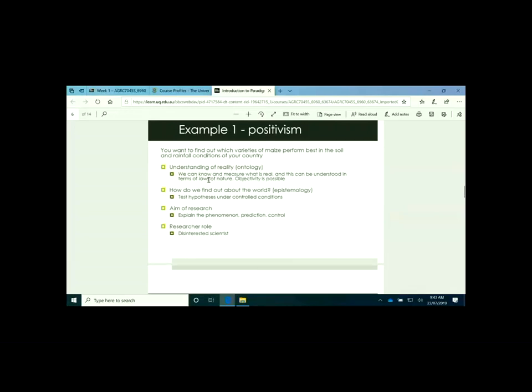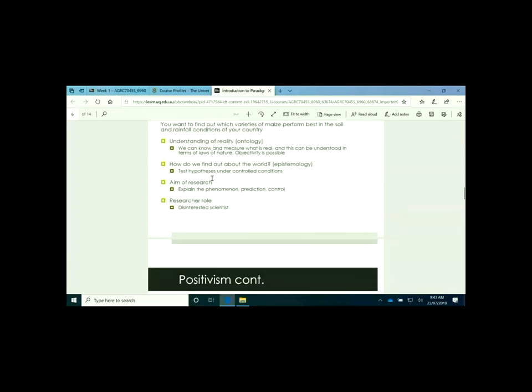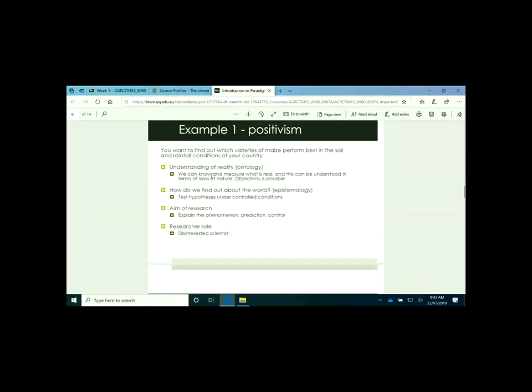So most of the work that we do in agricultural science will either fall into a paradigm of positivism or a paradigm of constructivism. Right? There are other ones, and there's some that sort of overlap, but generally speaking, most people would fall into one of those 2 groups in the way they conceptualise research and do research.